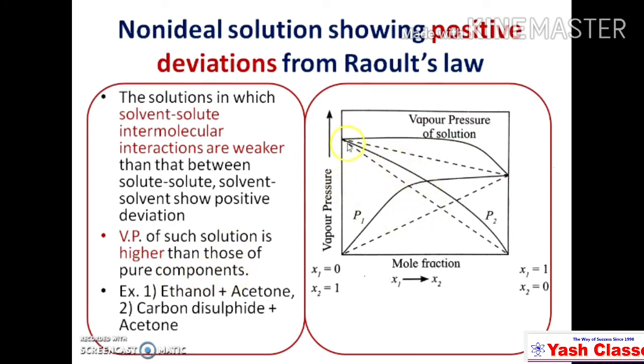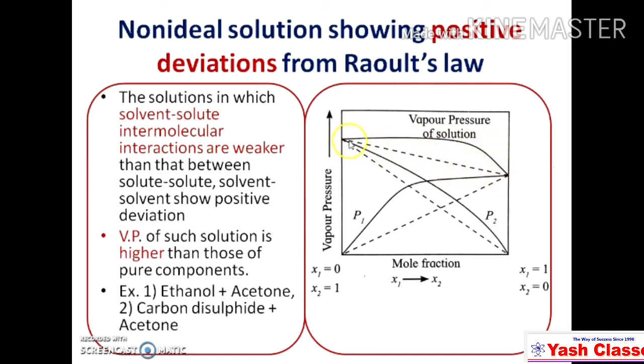Now look at this diagram. The dotted line represents the ideal behavior. In ideal behavior, the vapor pressure of component A increases as the mole fraction increases. This is for A2, that is another component, and this is the total pressure when the solution behaves ideally. But as this is a non-ideal solution showing positive deviation, the actual total pressure is greater than the ideal value.